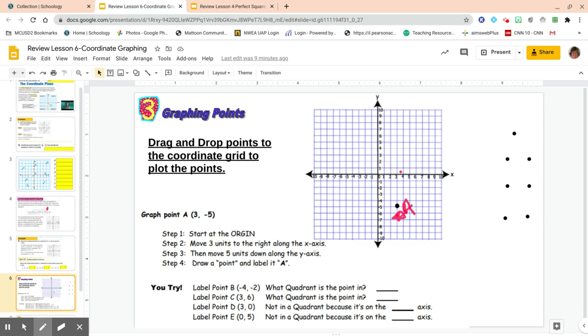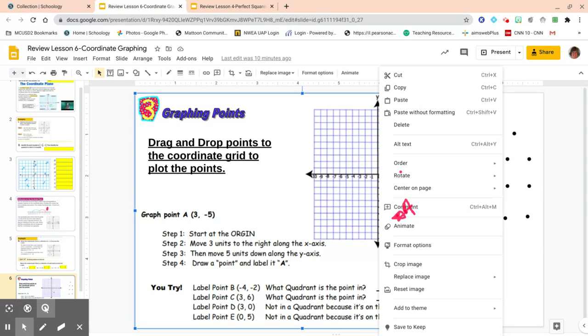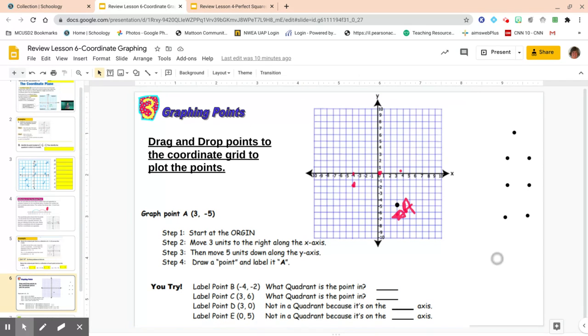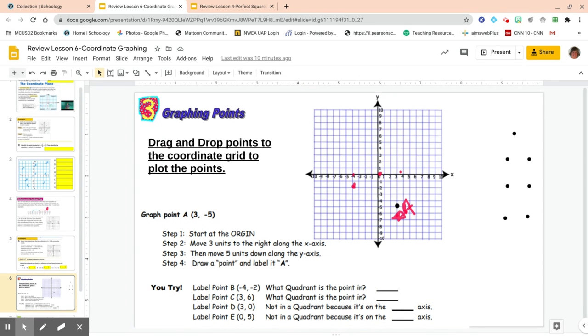So I'm going to drag and drop these little black dots. Let's figure out where -4, -2 is. I start at 0, 0, which is my origin, and I'm going to go over first. So I go over to -4, and then I'm going to go down 2. So it looks like my point is going to be about right there. So I drag that point to the point on the graph, okay?